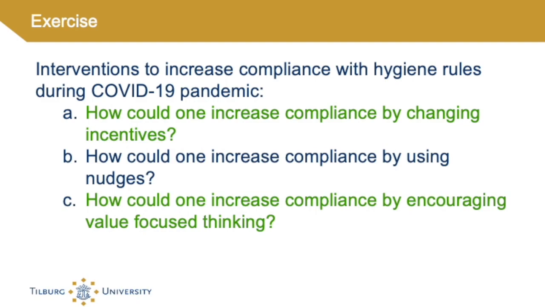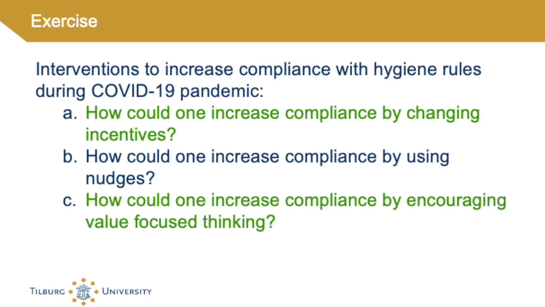You are by now, of course, experts on what the hygiene rules are, things like wearing a face mask, perhaps coughing into your arm, washing your hands, and so on and so forth. How can we increase compliance? And I'd like you to think about how compliance can be increased based on what you know from this lecture. So how could we increase compliance by changing incentives?